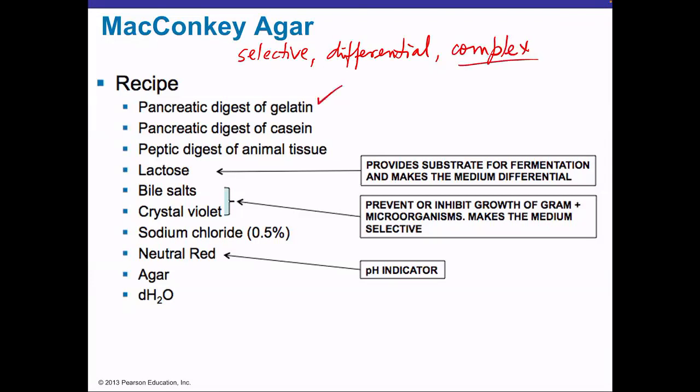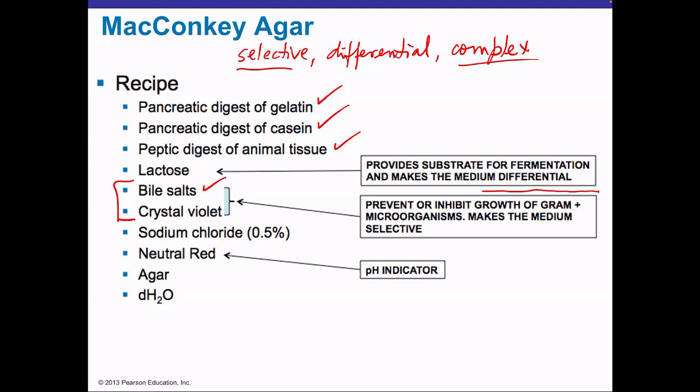Well, pancreatic digest of gelatin, pancreatic digest of casein, peptic digest of animal tissue, bile salts. Those are all ingredients that make this medium very complex. And why is the medium selective? What makes this medium selective is the presence of these two ingredients, bile salts and crystal violet.